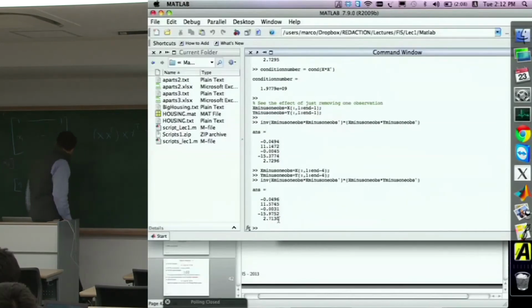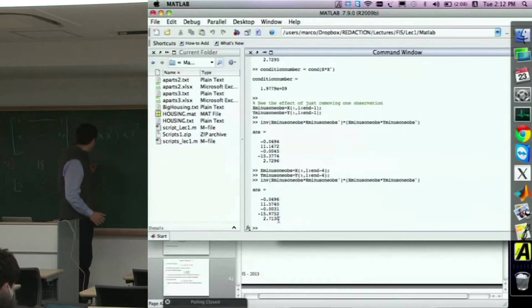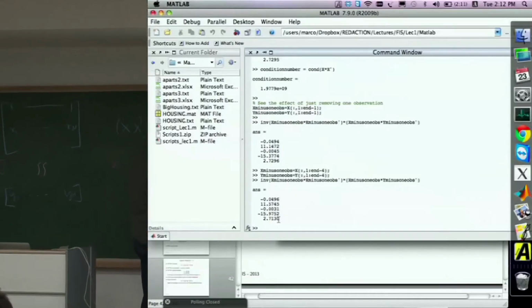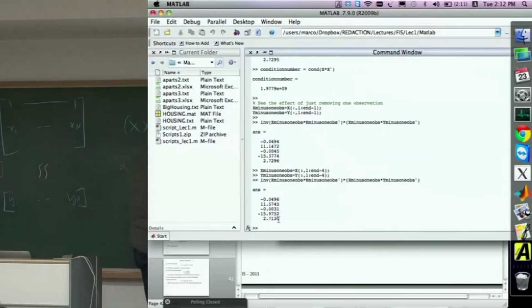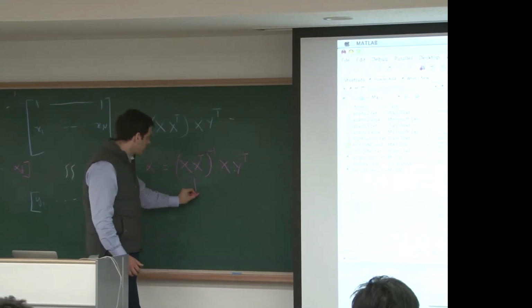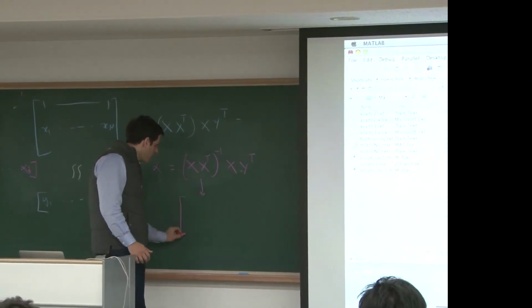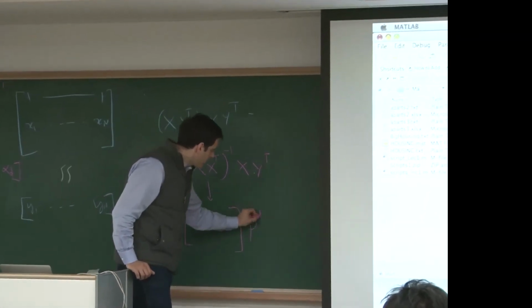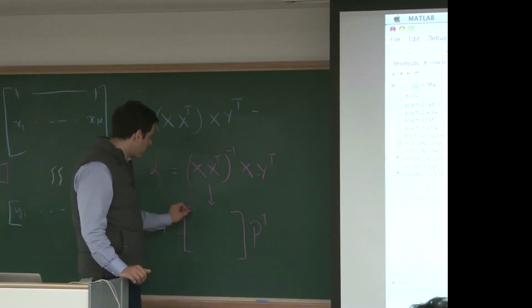And why is that? Well, because the intuition is that alpha is equal to (X transpose X) inverse times X transpose y. And this here is a matrix which you can write as P transpose times the diagonal matrix.